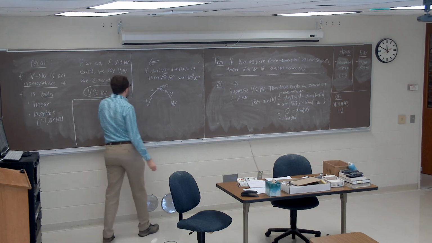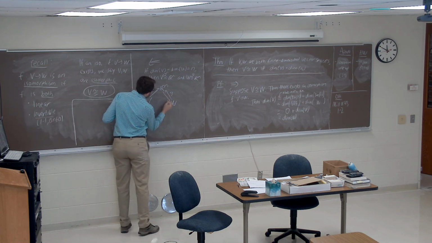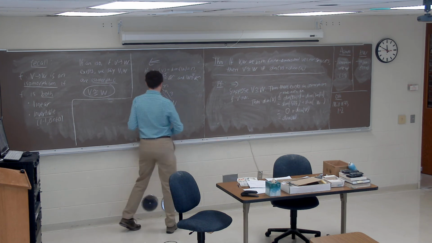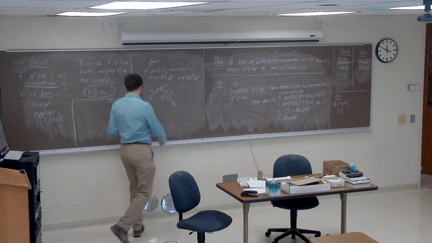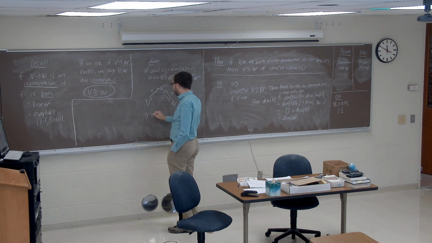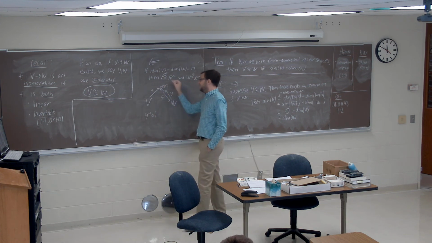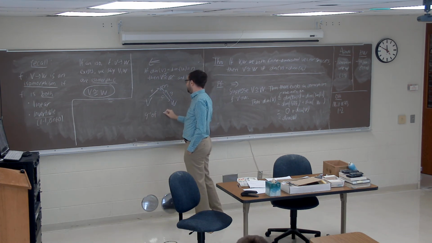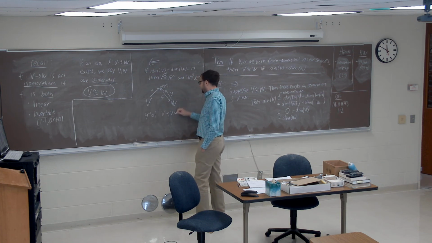So g's invertible, so we can take an inverse, g inverse, and then it turns out g inverse composed with f, if we do f and then g inverse, is going to give us a function from V to W that is an isomorphism.